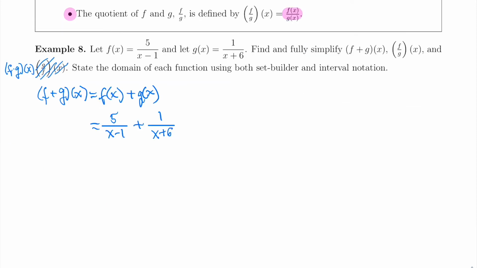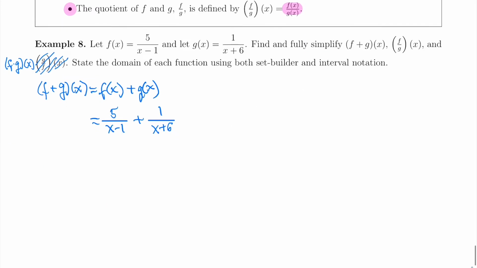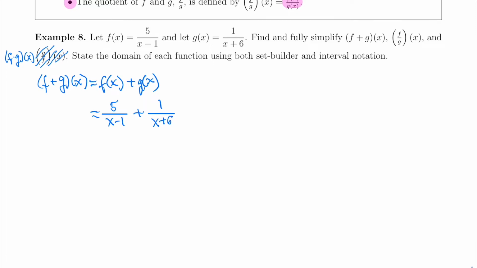So this is a little review in how to add rational expressions, and we need to make a common denominator. The common denominator here is x minus 1 times x plus 6, and so therefore what we do is we multiply our first fraction by x plus 6 over x plus 6 in order to make our common denominator, and then for our second fraction we take the opposite.